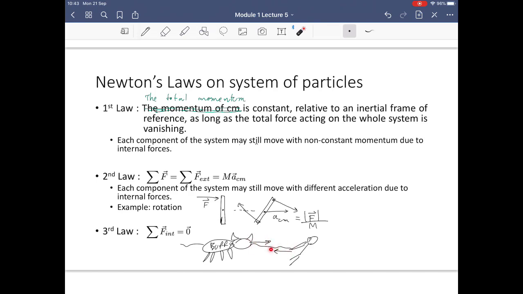They have equal magnitude but opposite direction, and we say that this thing cannot cancel with that thing. But that is only because when we consider the system, if we consider only the Buffy, then we want to see only the force that's acting on the Buffy, but not the force that the Buffy is acting on something else.